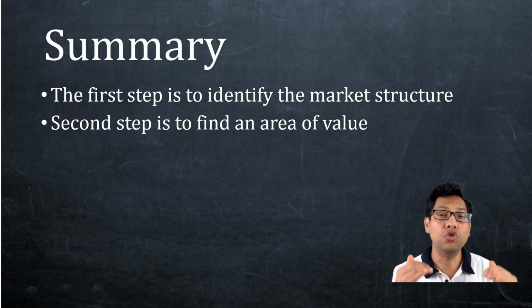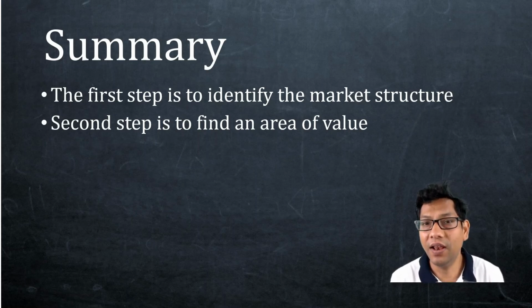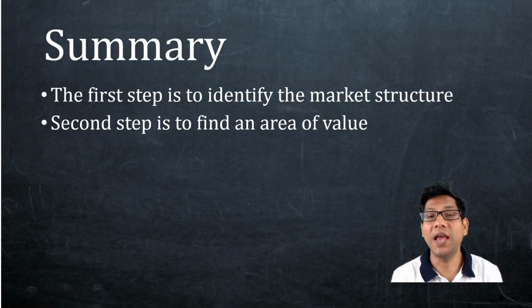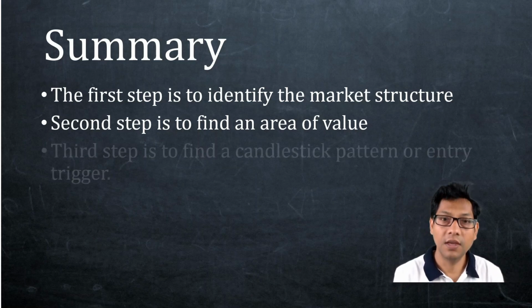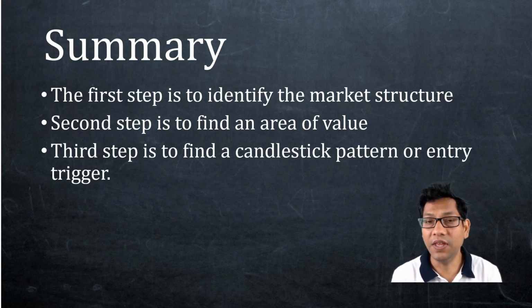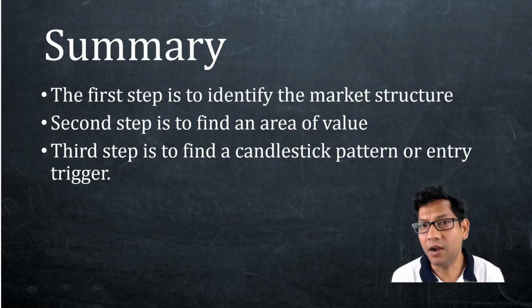That means draw a trend line, key level, or a support or resistance where the price has high supply or demand. The third and final step is to find a candlestick pattern or an entry trigger for a buying or selling opportunity.